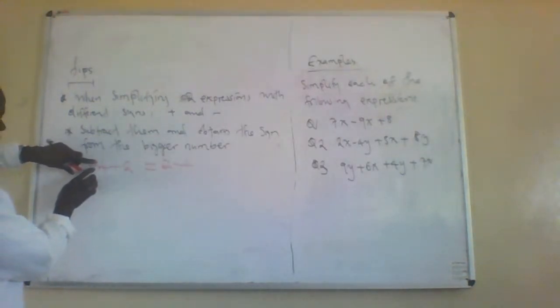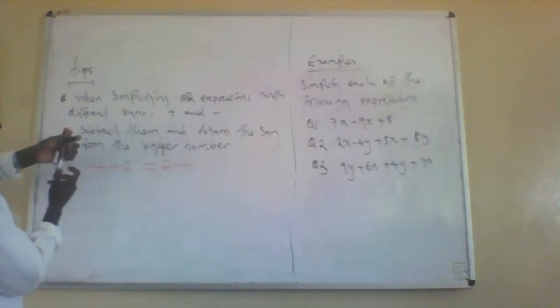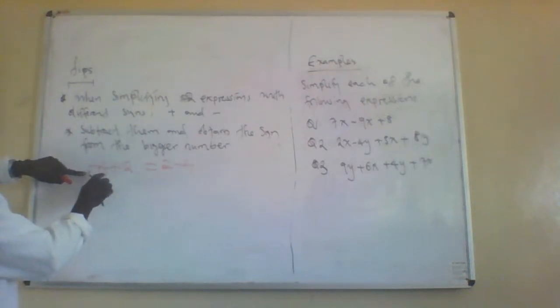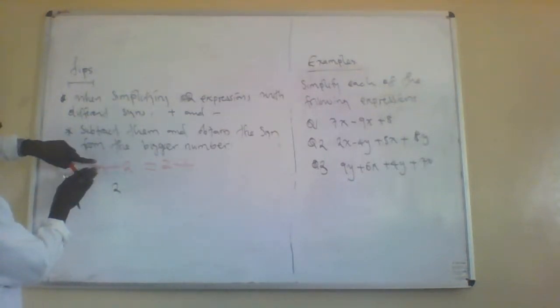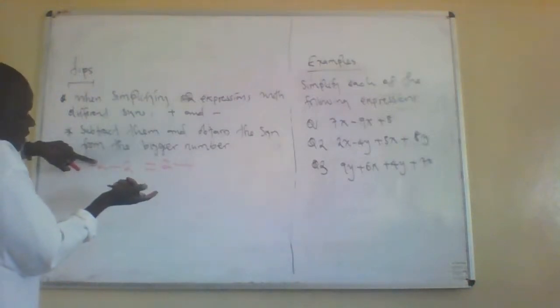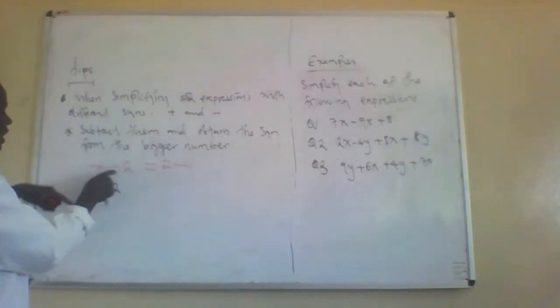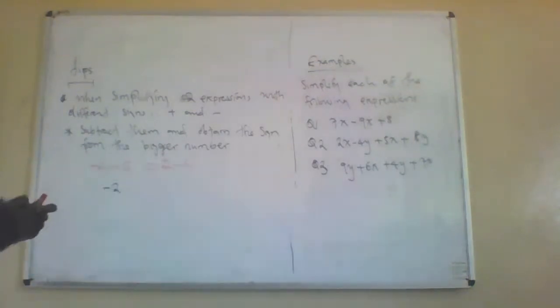So ignore the signs: you subtract 2 from 4, that will give us 2. Then ask yourself which number is bigger than the other. Between 2 and 4, 4 is bigger, so we get a negative sign.